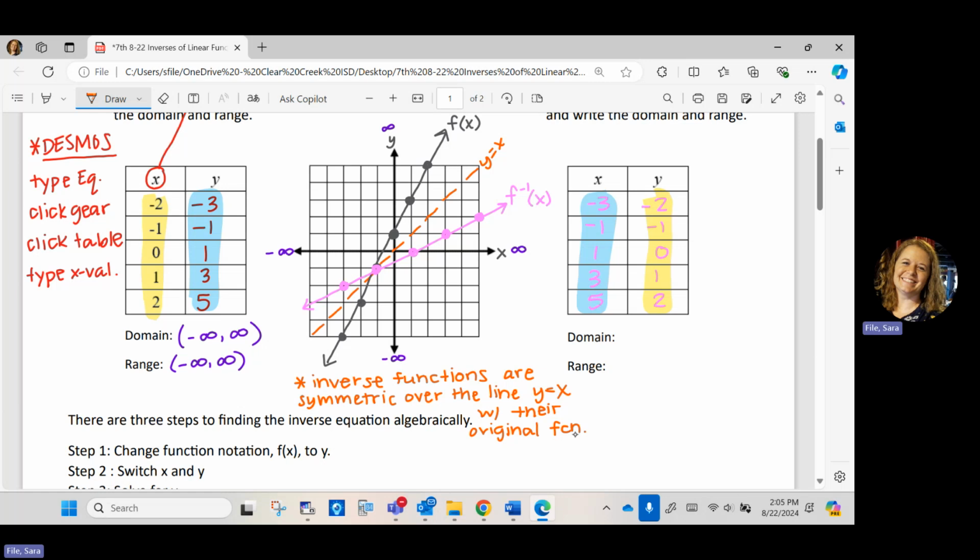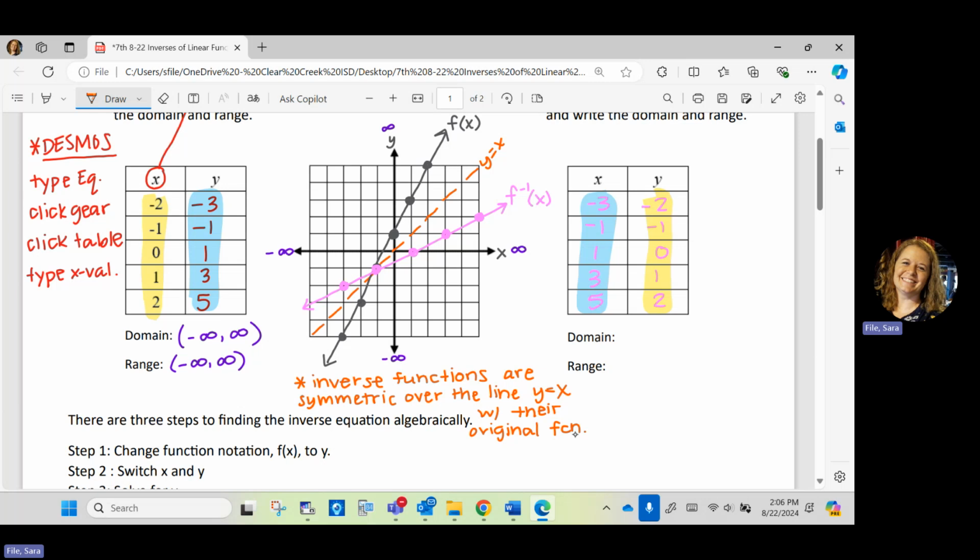When I write FCN like that, that's my abbreviation for function. Okay, you can put this in your own words. I may not have worded that the best, but a function and its inverse are symmetric across that line y equals x. So a function and its inverse are a reflection, or they are symmetric across that line y equals x, as long as you understand that.